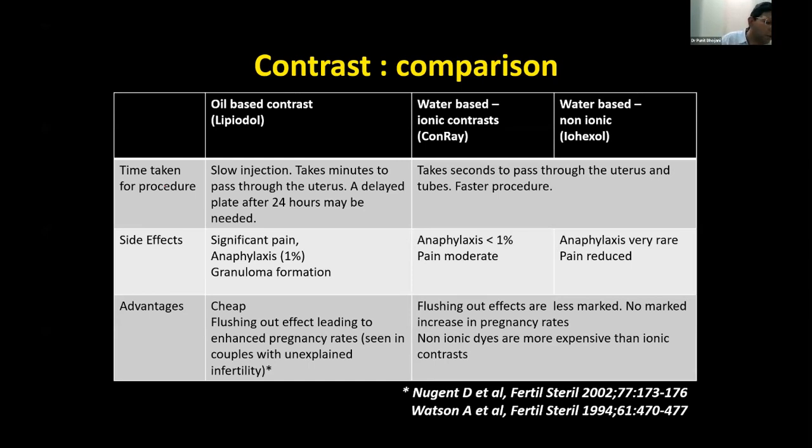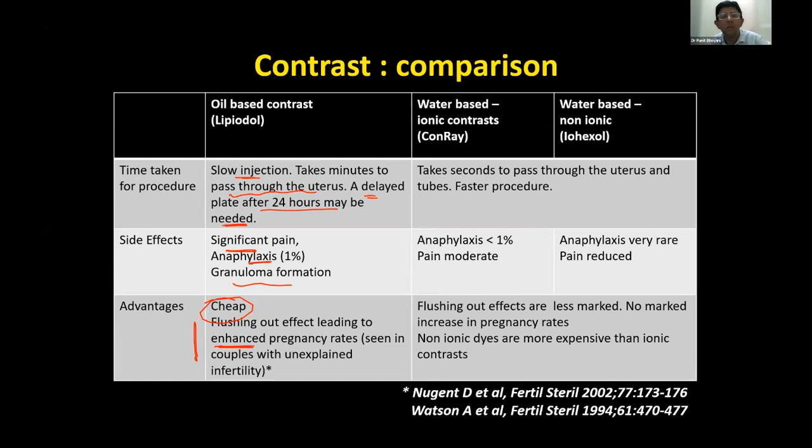With the oil-based one, slow injection takes minutes to pass through the uterus. A delayed plate after 24 hours may be needed. Significant pain, anaphylaxis, granuloma formation, but it is cheap, and flushing out effects are seen with enhanced pregnancy rate.